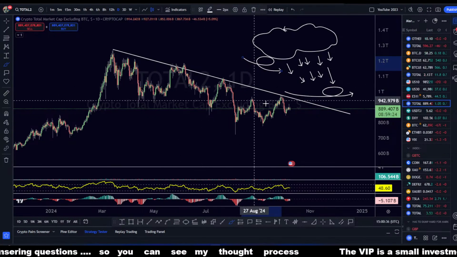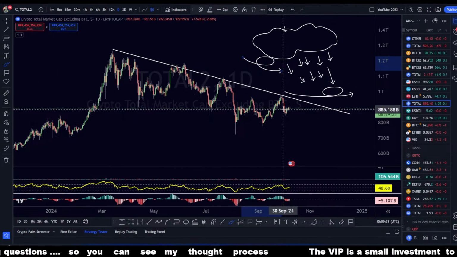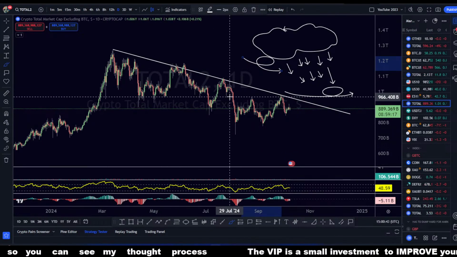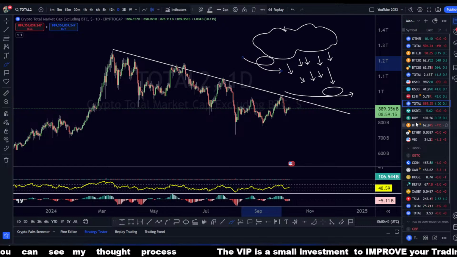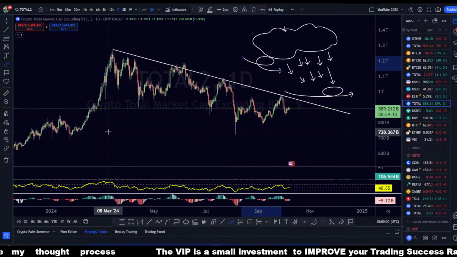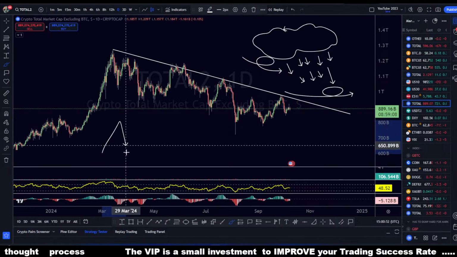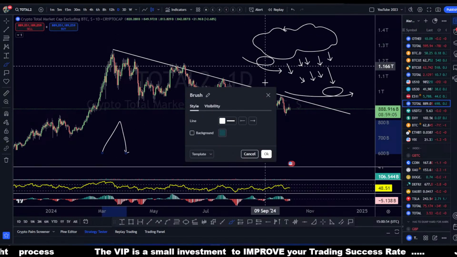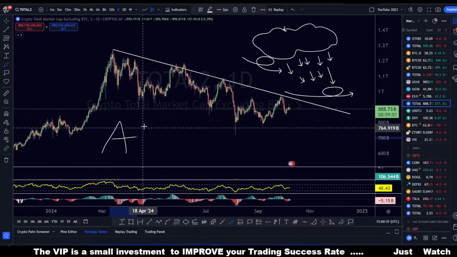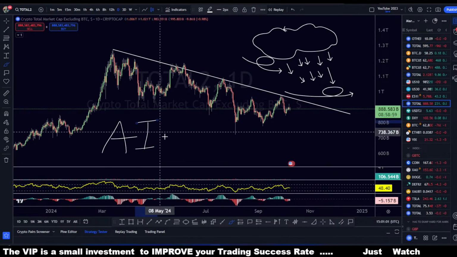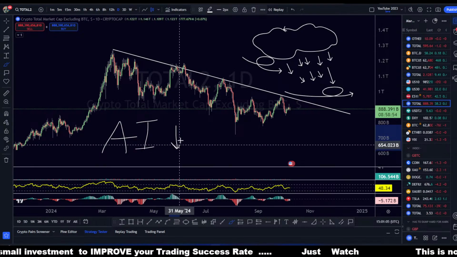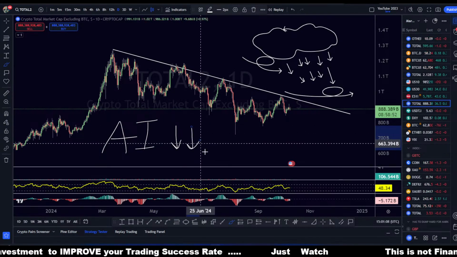It tells me the overall market. It doesn't tell me my particular coin. Let's go even further. Let's say we're looking at AI, and let's say AI is tanking, and it's tanking hard.